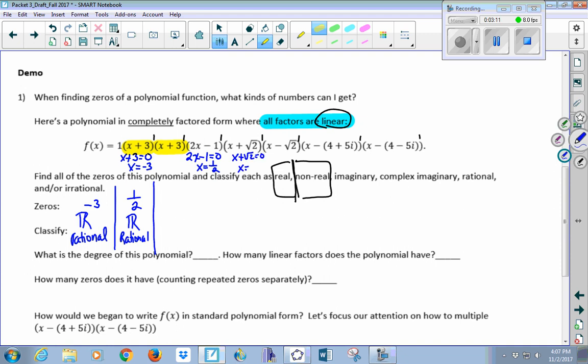When I solve for x, I get the opposite, or negative square root of 2. So negative square root of 2, that's certainly real, but it's an irrational number. My next factor, x take away square root of 2 equals 0. x equals the square root of 2. Square root of 2 is real, irrational.